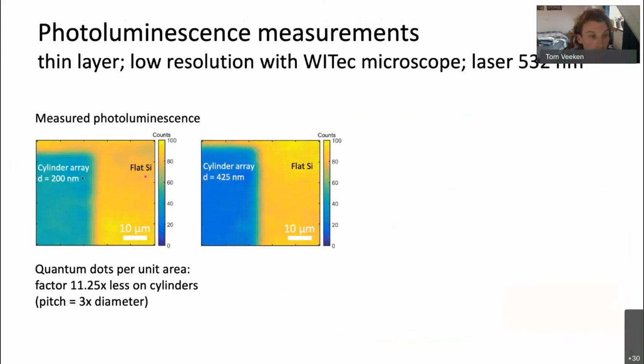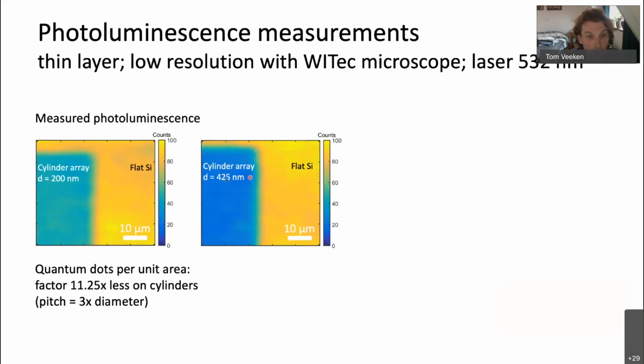And then here you see the change in emission, which is where the array stops, because here on the right side, there is the flat silicon reference case. So in a single measurement here, we can compare the flat silicon, 93.5% emission into the substrate, comparing it with the array, and doing the same for the 425 nanometer case.